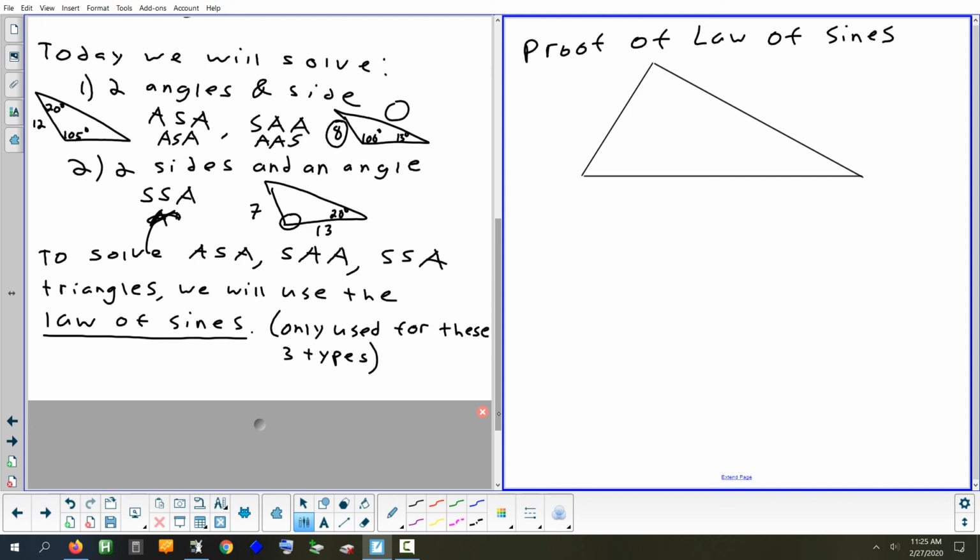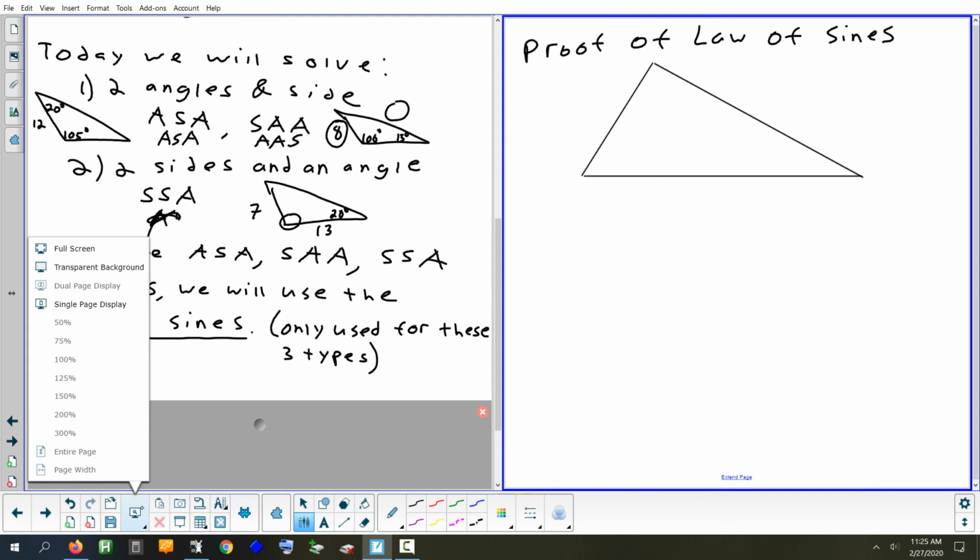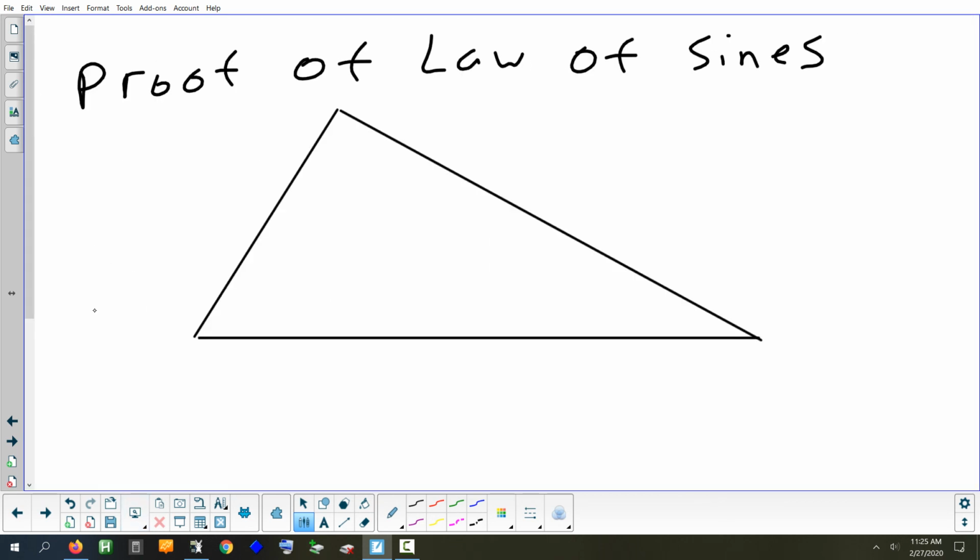Now, listen, if you look at the triangle that I have up there right now, that's not a right triangle. It's a scalene triangle, 3 random sides. No angles are marked as 90, even if they look 90. Unless it's marked as a 90, it's not a 90. Okay. So what I'm going to do is I'm going to take that triangle and I'm going to draw, well, first I'm going to label a couple sides and then I'm going to draw something.